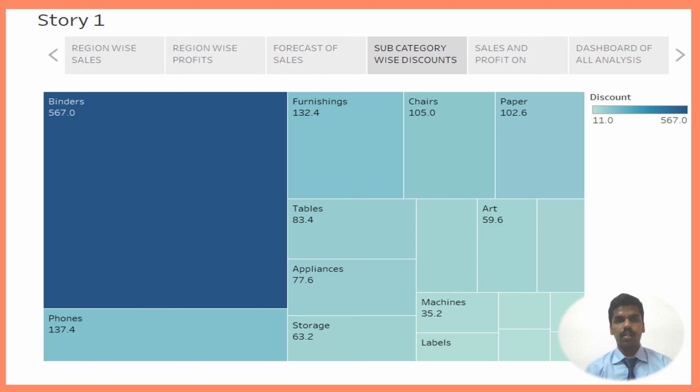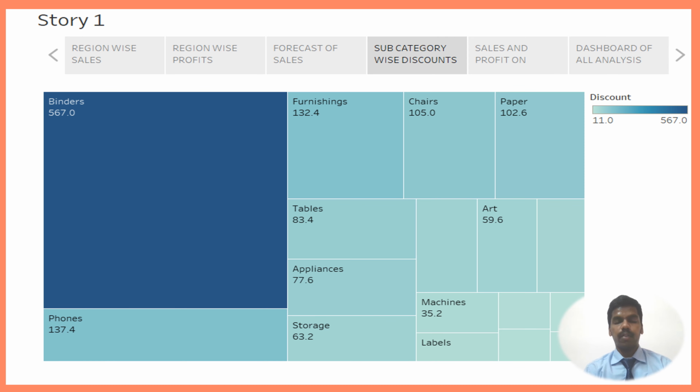In this graph we can see the subcategory wise discounts. The discount is from 11.0 to 557.0. Here we can see that there are various subcategories like tables, appliances, storage, machines, labels, art, chairs, phones and so on, and every subcategory has its own discount.